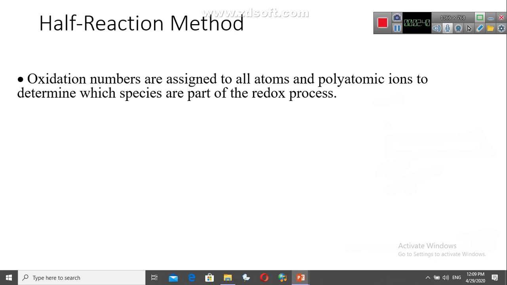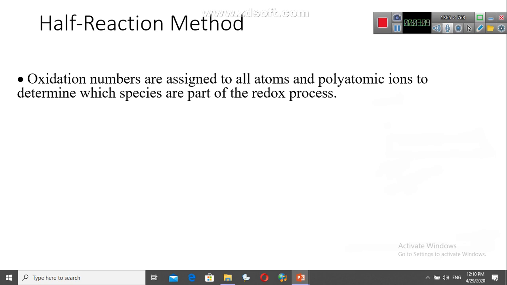Oxidation numbers are assigned to all atoms or polyatomic ions. You must assign them above each atom or polyatomic ion to determine which species are part of the redox process, which atom or polyatomic ion is oxidized and which one is reduced.